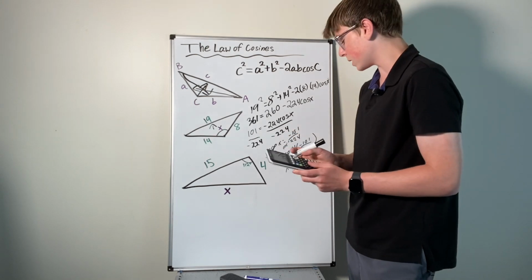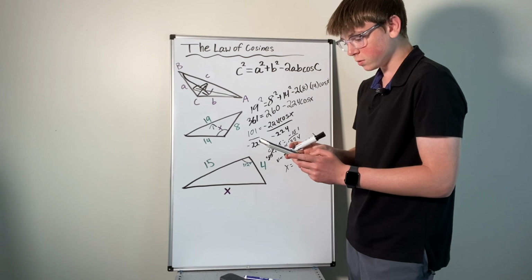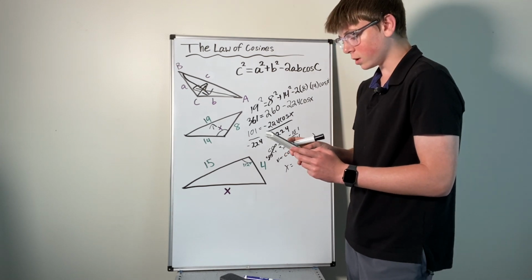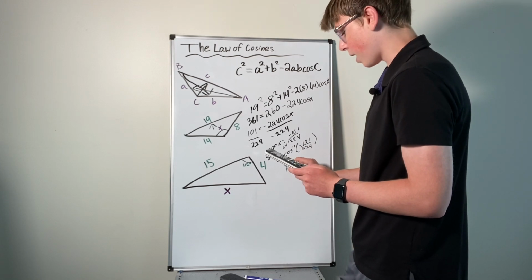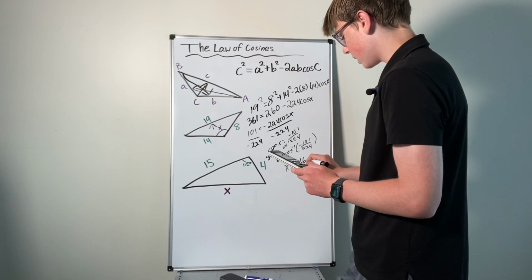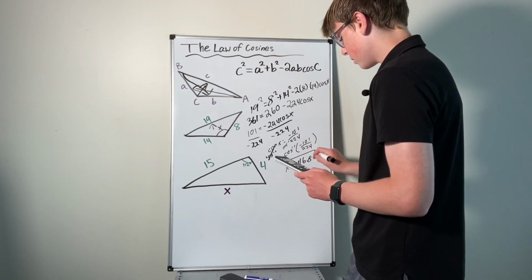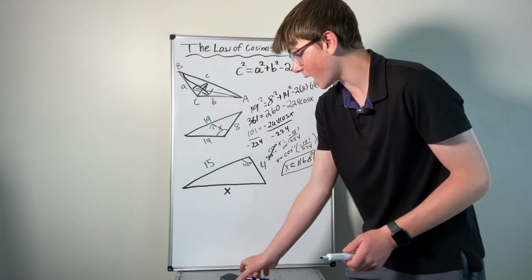It'll give you cosine negative 1. You're going to plug in negative 101 divided by 224. Close that parentheses, and you will get x is approximately 116.8 degrees. Okay, so that is when we have three sides.